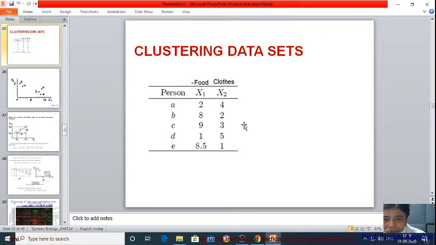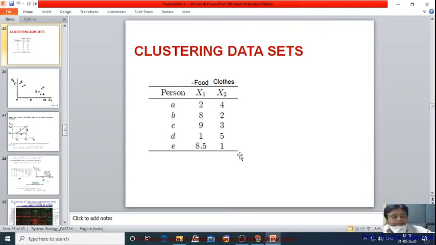Now these are the 2 items, and these are arbitrary values, just for our ease of understanding, which they actually spend on their food or on their clothes. And we are asking this question: out of these 5 people, whose spending patterns are similar?